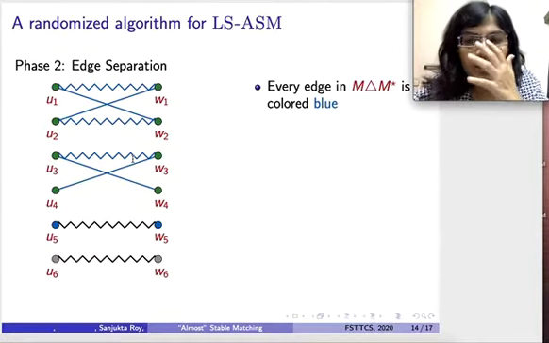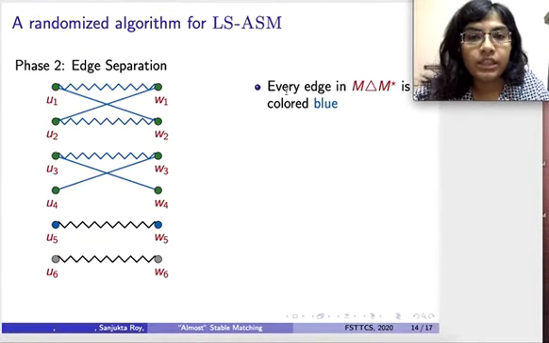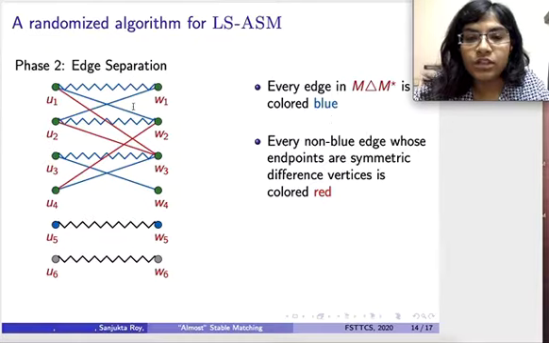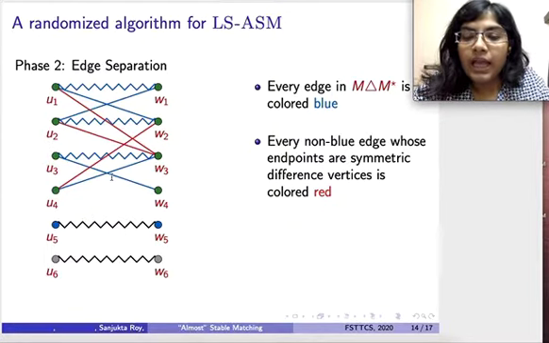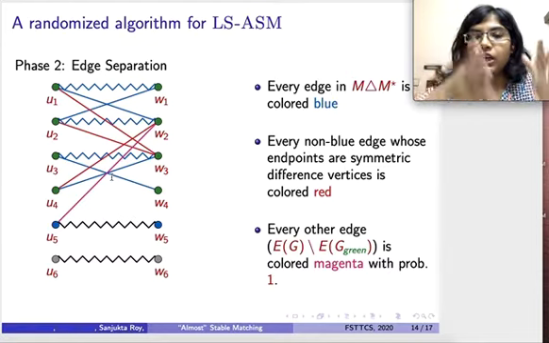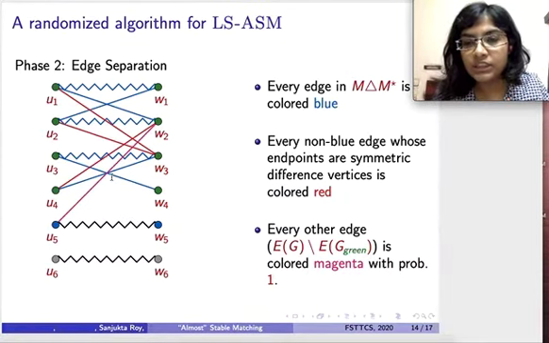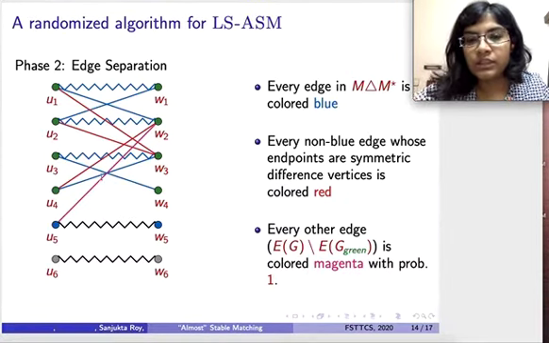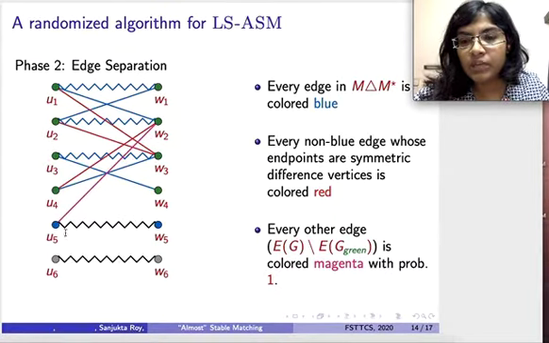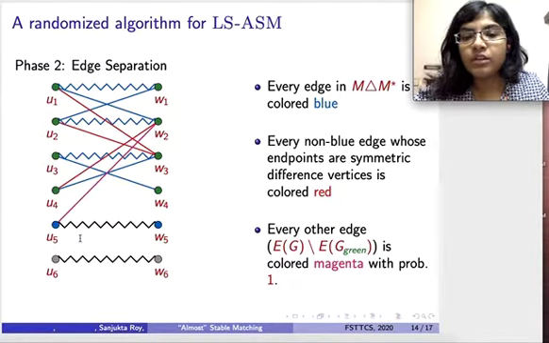So we color the symmetric difference edges, every edge in M symmetric difference M star, with blue, and every edge whose both endpoints are green but is not a symmetric difference edge, we color with red. And everything that goes out of this G green, that is, one endpoint is green and the other endpoint is something else, we color with magenta.